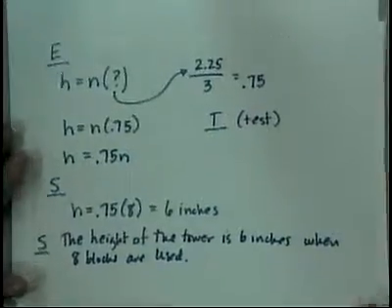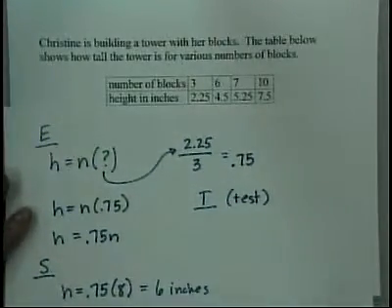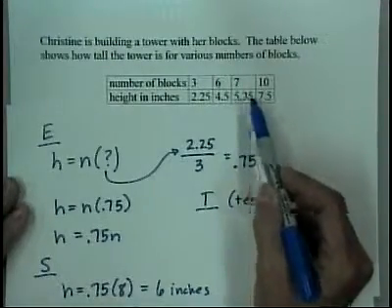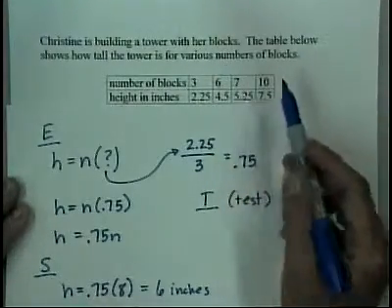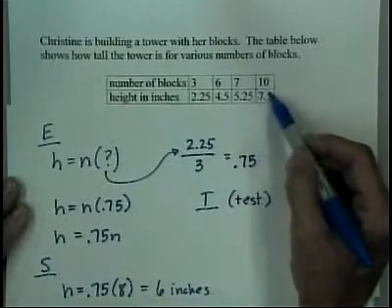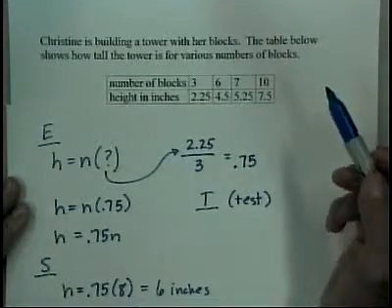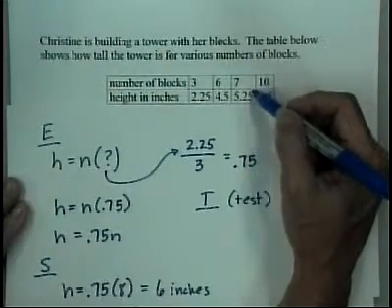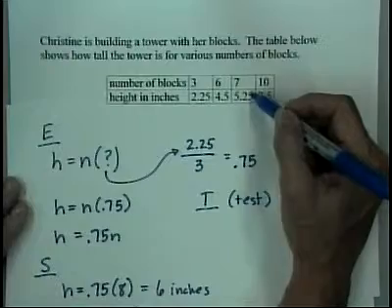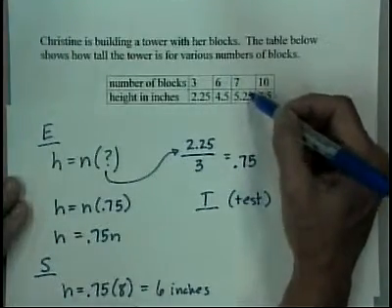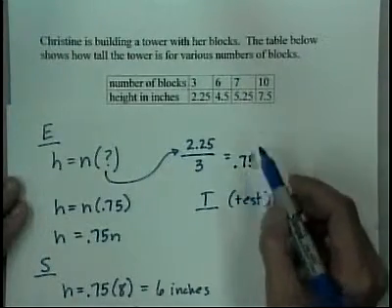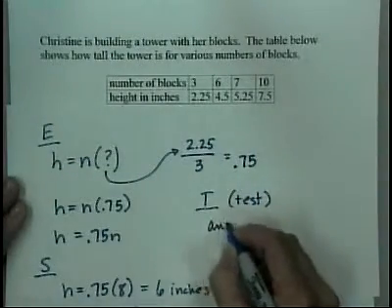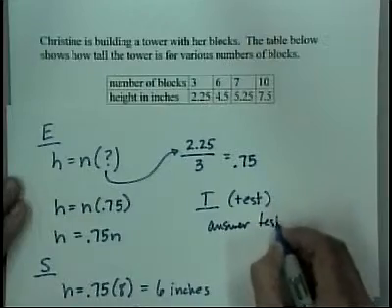Let's just look at the other information in the table. 7 blocks was a tower 5.25 inches tall, 10 blocks was a tower of 7.5 inches tall. 8 would be closer to 7 than 10, and 8 came out to exactly 6 inches, which is 1 block, or 0.75 inches, more than 5.25. So our answer tests very well according to the information in the table.